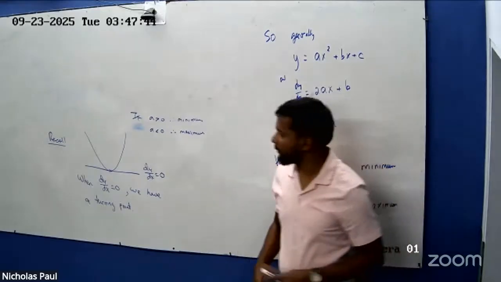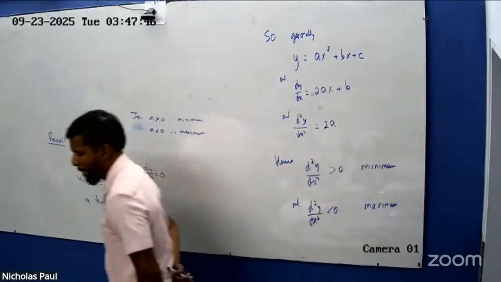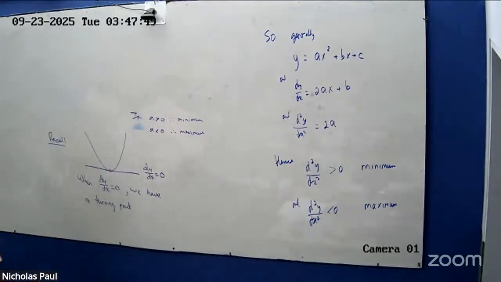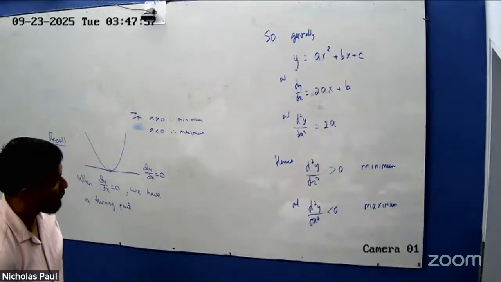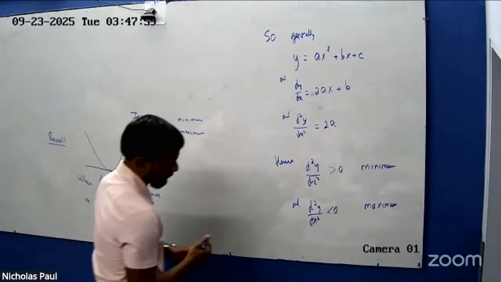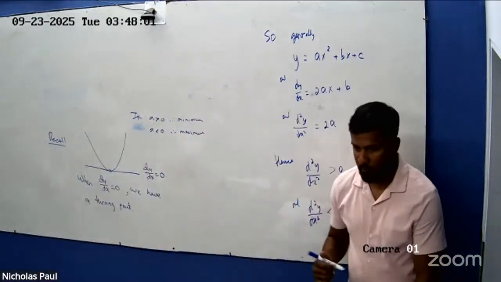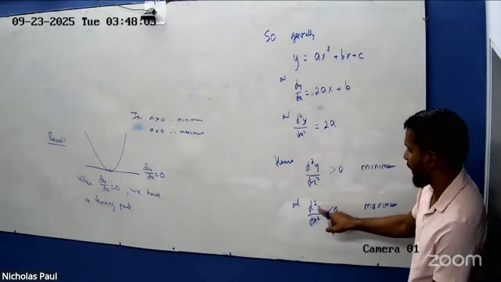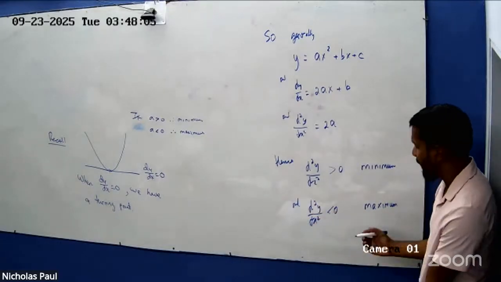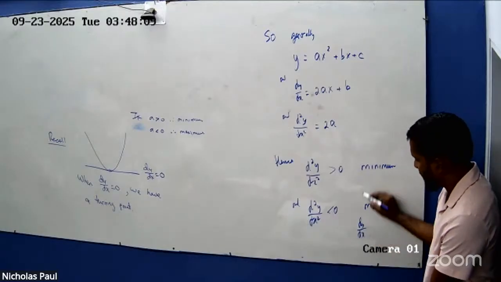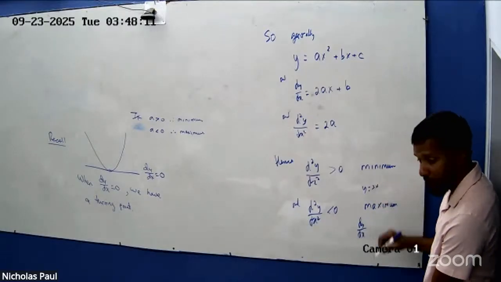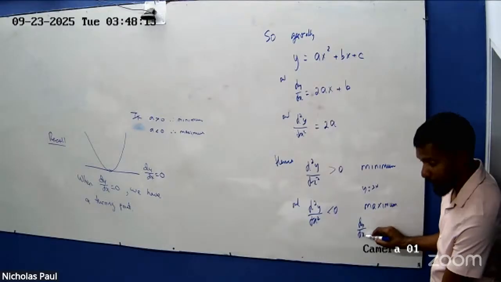All right, so ready? It's d2y/dx squared. Watch. When you differentiate something, you differentiate y with respect to x. Let's say it's 2x. You differentiate y with respect to x.